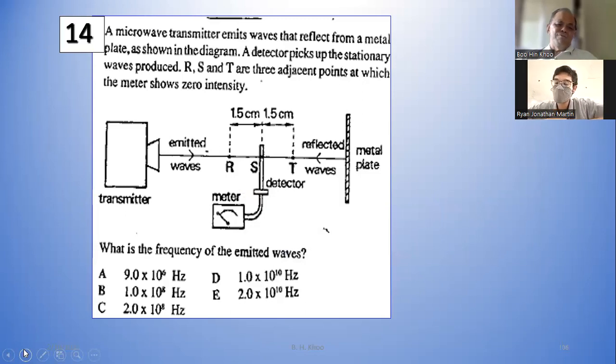Okay, this microwave question, have a go at it. What's the answer?